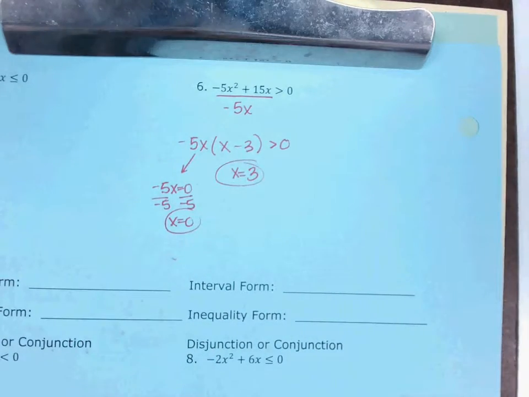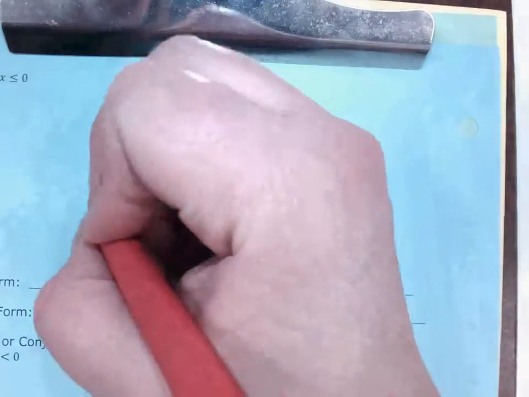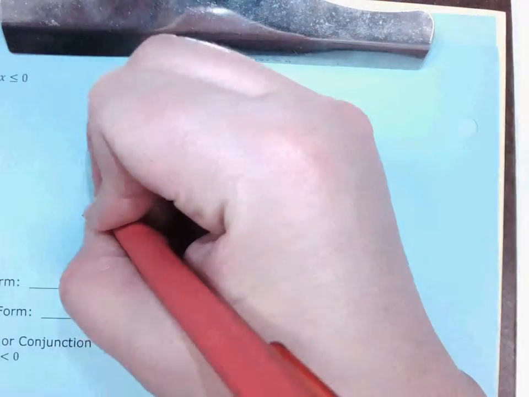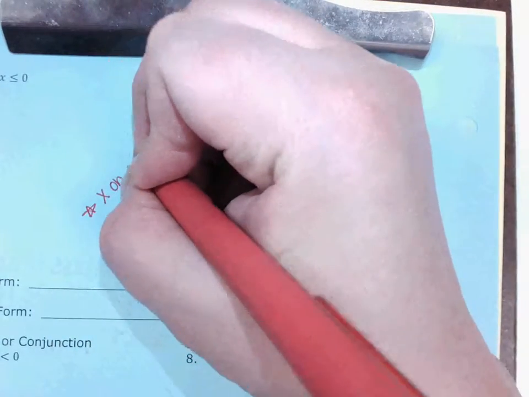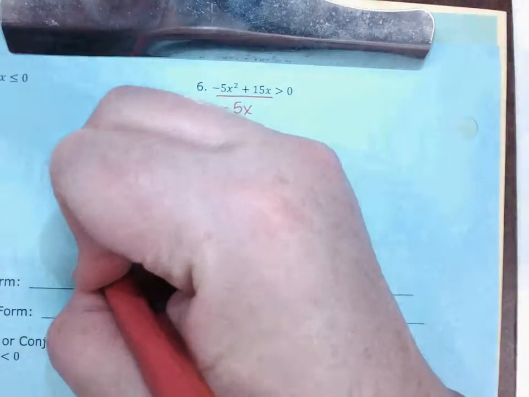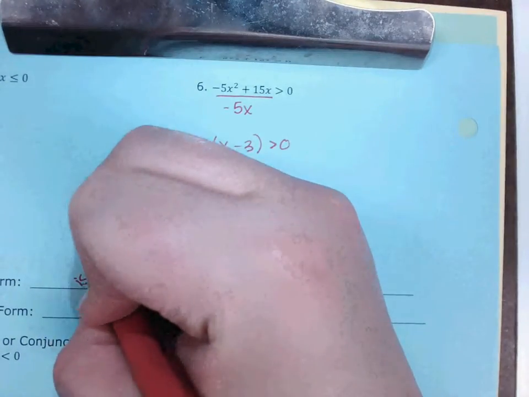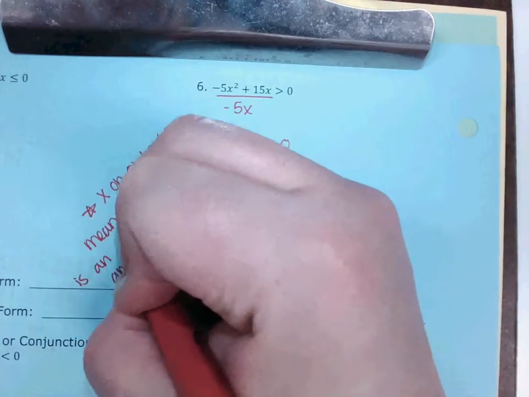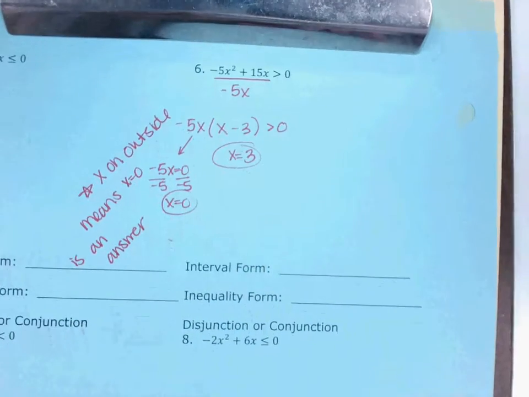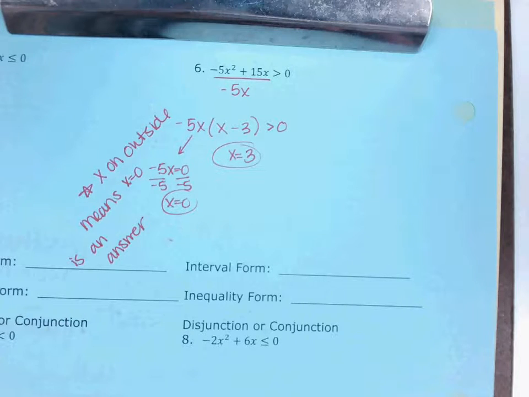If you want to make a little note to yourself, I'm going to write over here: x on the outside means x equals 0 is an answer. It doesn't matter if it's a 2x, a 5x, a 10x, a 365x. When you divide by that number, 0 is going to stay the same. So that's why when x is in the front, even with a number with it, 0 is the solution.